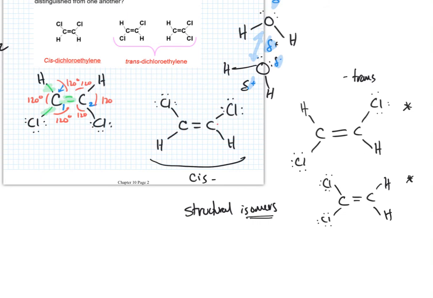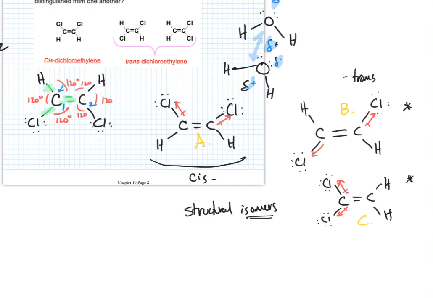This one, that carbon-chlorine bond is polar. The carbon-chlorine bond is polar on this one. The carbon-chlorine bond is polar on this one. So let's call this structure A, this structure B, and this structure C.